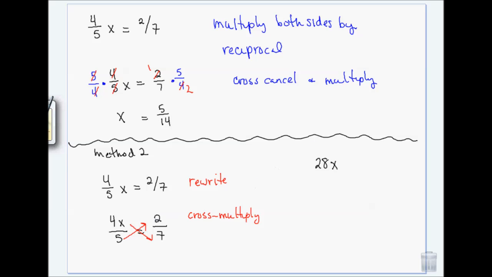And I can do 5 times 2, and that gives me 10. And then I can divide both sides by 28. So x will be 10/28, which will be the same as 5/14 because they divide by 2.